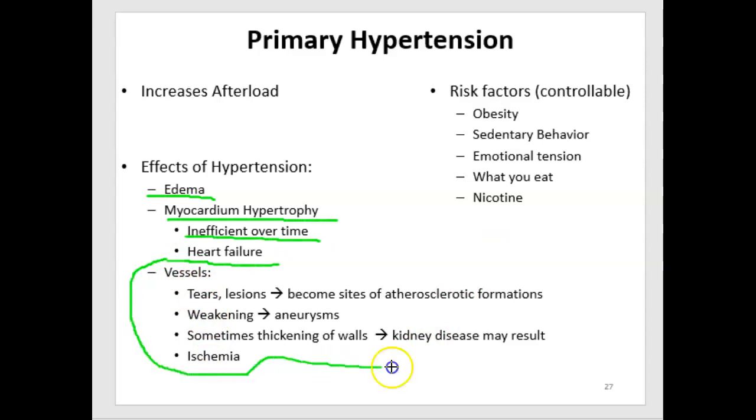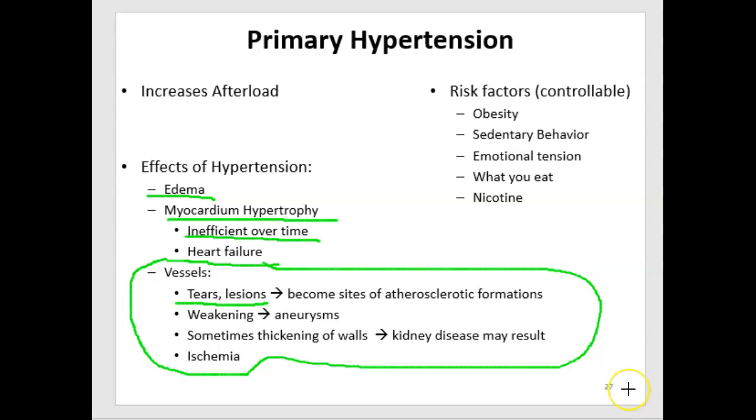I know I mentioned that there's narrowing of the vessels or some sort of blockage. Well, there could be a tear or some kind of a lesion in a blood vessel that could be caused by hypertension, but even if it was caused by something else, it becomes a site for repair and the development of atherosclerosis.